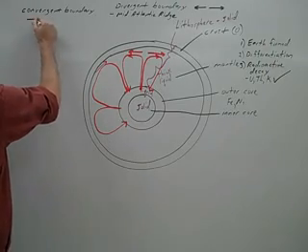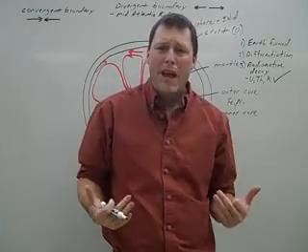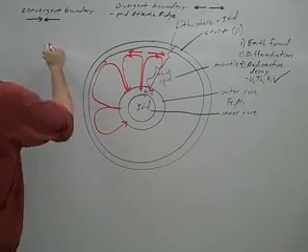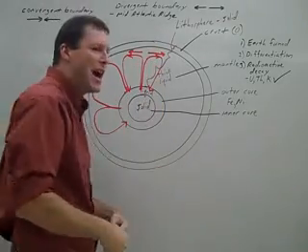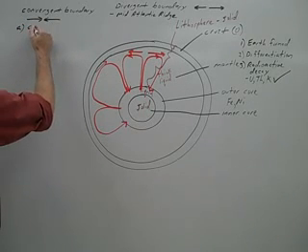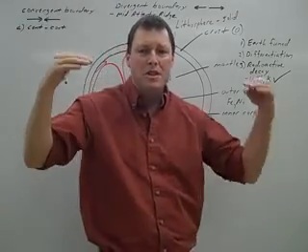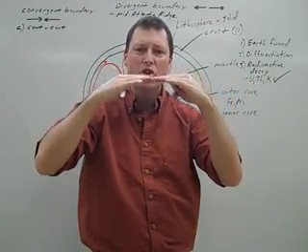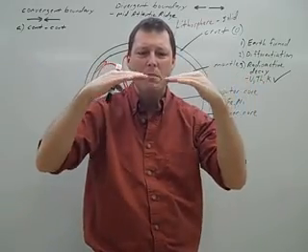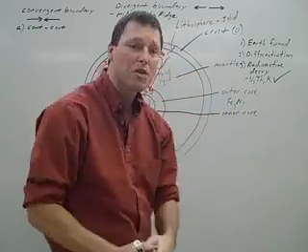Now with a convergent boundary, we've got two tectonic plates coming together. They're crashing into each other. One's going that way, one's going that way. But we actually have two subgroups of convergent boundaries. We've got one between continental tectonic plates. So if we've got two continental tectonic plates crashing into each other, they're about the same weight, about the same density, and what's going to happen is they're going to come together, they can't go down, so boom, they move up like that, and they create mountains.